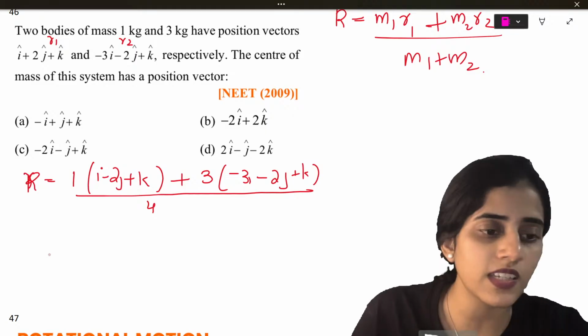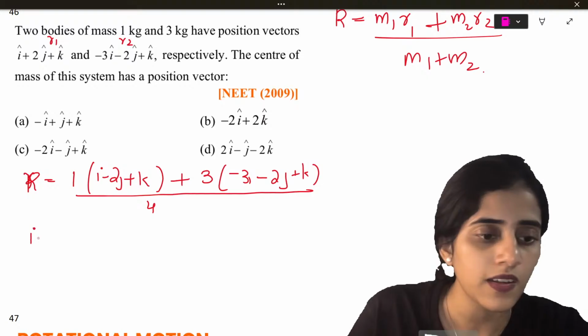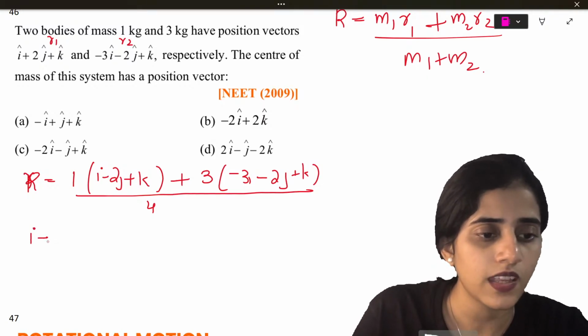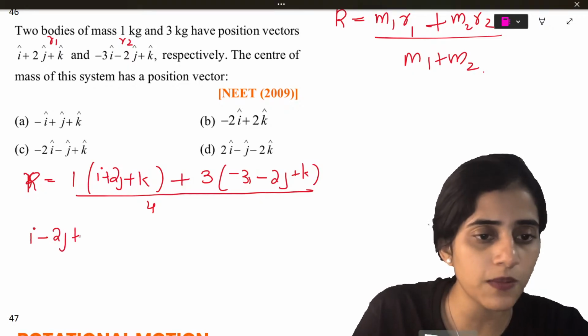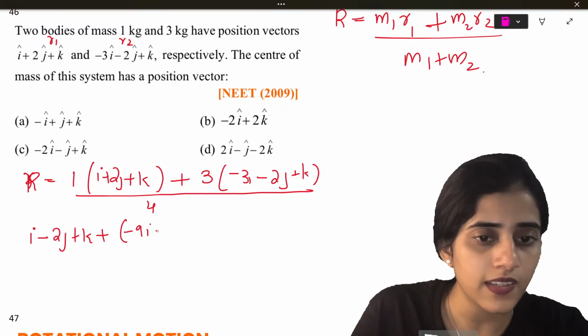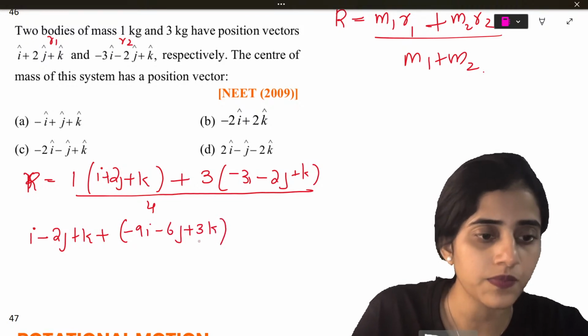Now let's solve these individually. 1 into this will be i minus 2j plus k, plus minus 9i minus 6j plus 3k.